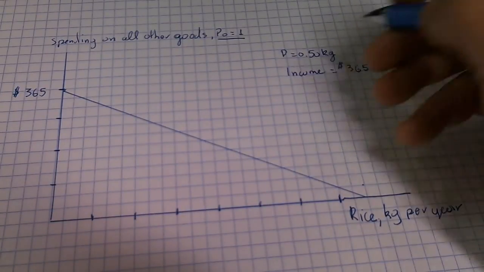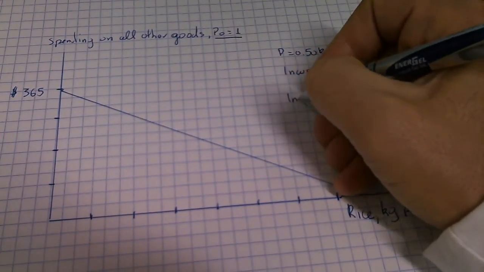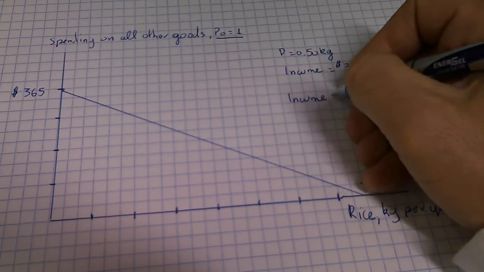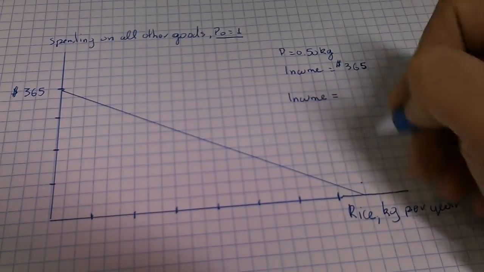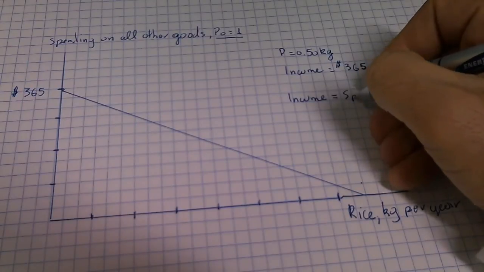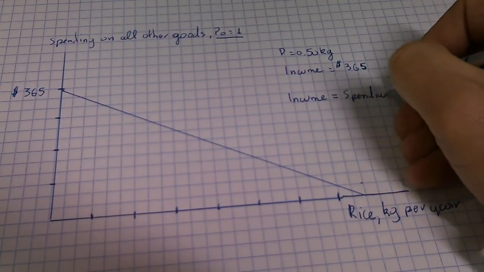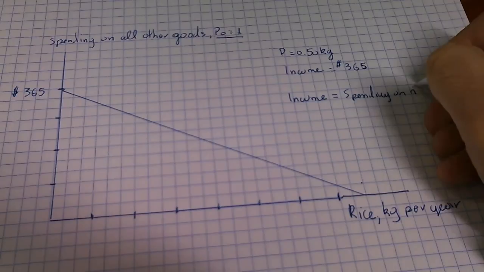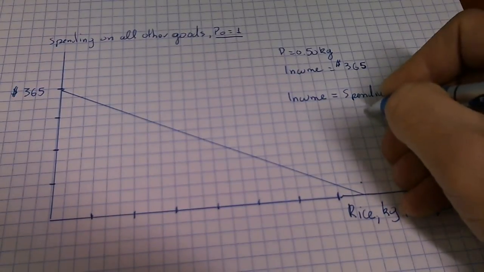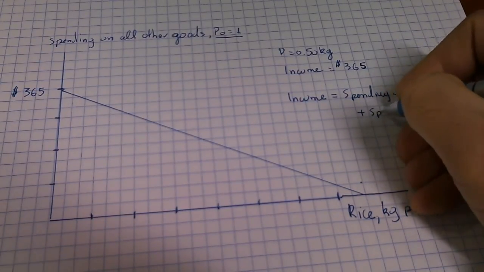Okay, so the individual has income, and his income can be allocated to spending on rice or spending on other goods.